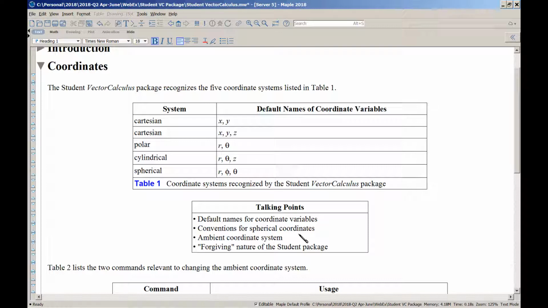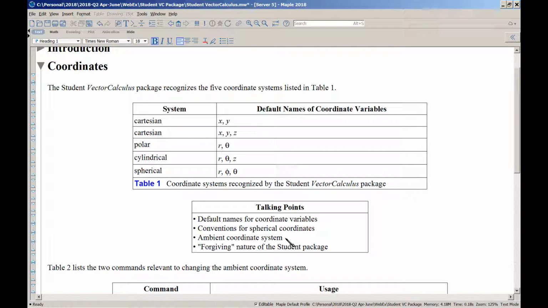Also, there is an ambient coordinate system installed when you launch the package, and that system is Cartesian. Now, in the vector calculus package itself, you're constantly changing that background system in order to have properties of the coordinates transferred over to the objects you create.